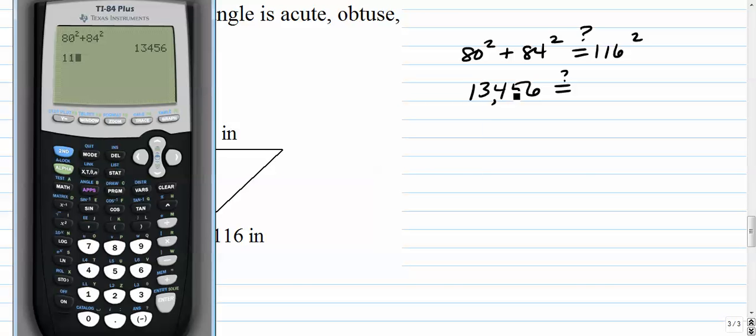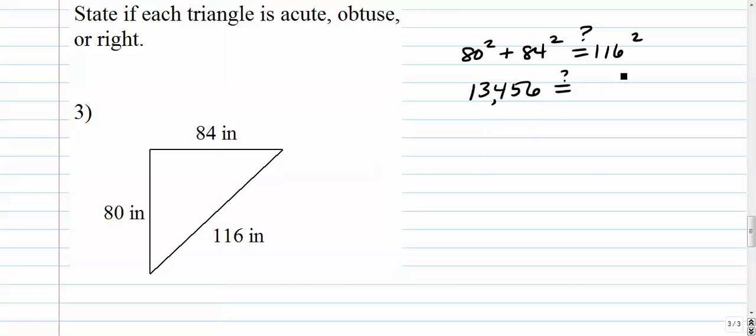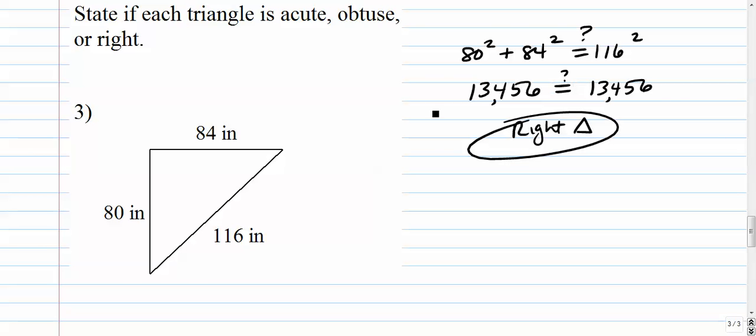And we're going to see if that is equal to 116 squared. It is. So this is a right triangle, which means this angle is 90 degrees. Great.